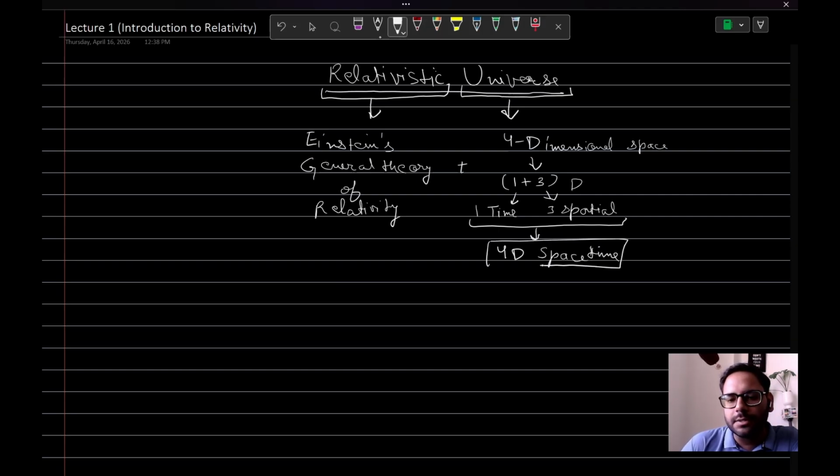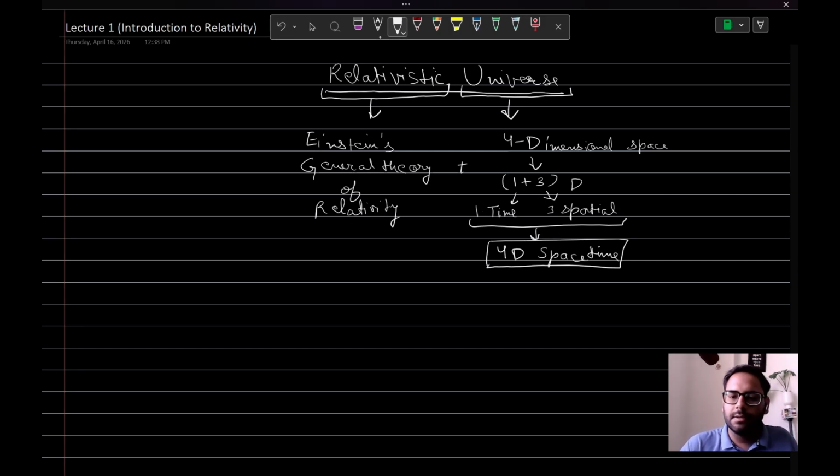It can be called a four-dimensional space-time. So we're going to learn what relativity is and how relativity works in our universe, and what the word relativistic universe means: that we are applying Einstein's general theory of relativity onto a four-dimensional space, which is three spatial dimensions and one time dimension.